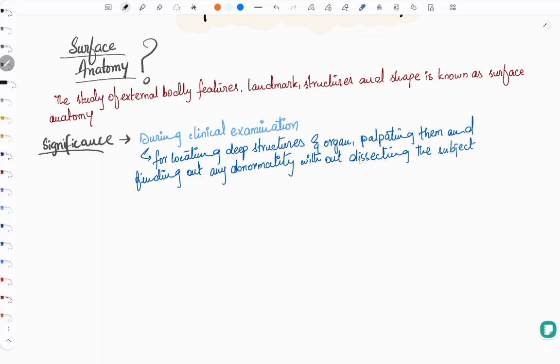So without cutting the subject open, we place our hand on their abdominal area, and examine the patient, the structures lying beneath.